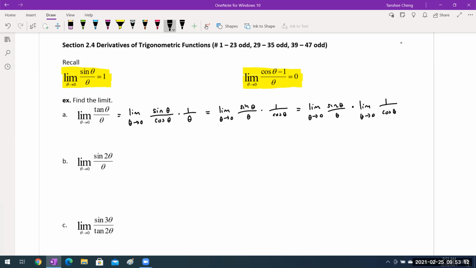And from here, the limit as theta approaches 0 of sine theta over theta is equal to 1, and times 1 over cosine theta, you can substitute 0, which is also going to be 1. So from here, my final answer is 1.